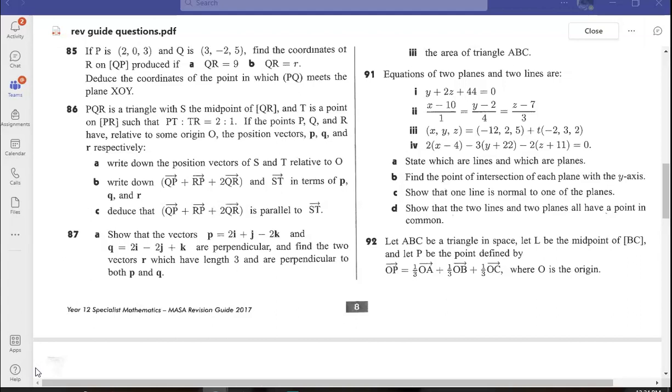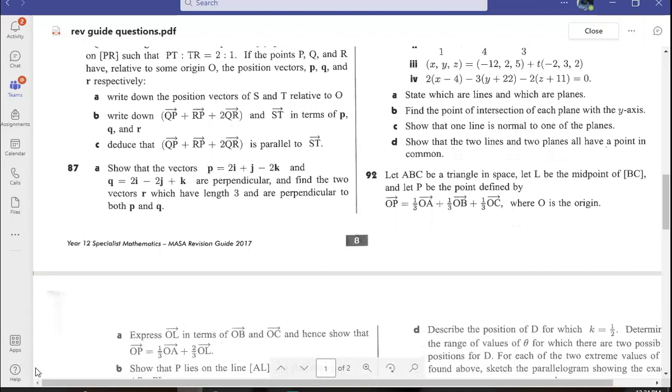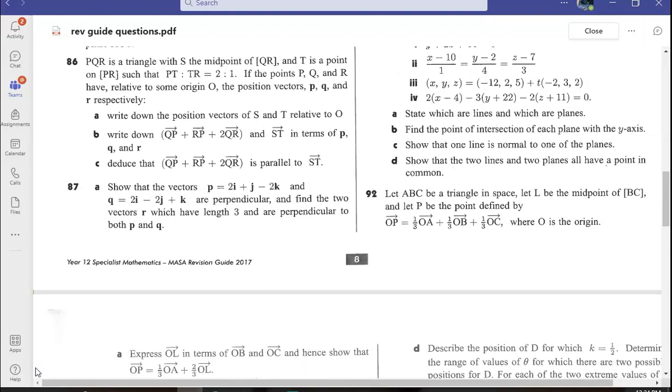So let's look at question 87. We're just going to do some randoms. Bobby and I just chose some randoms together. Show that the vectors P and Q are perpendicular. You're just going to tell me how. So how would you show me that those two vectors are perpendicular? Finn.